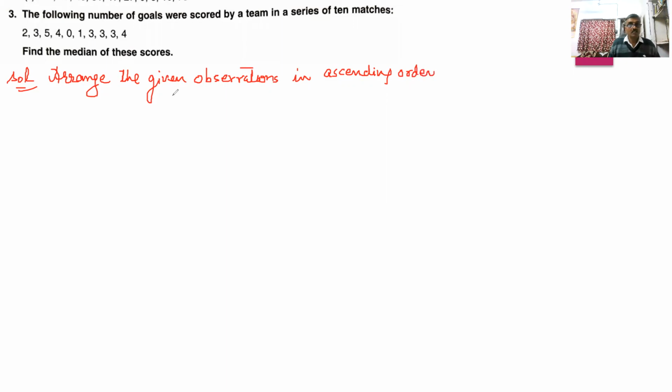Which one is the smallest? 0 is the smallest number, then 1, then 2, after 2 there is a 3.